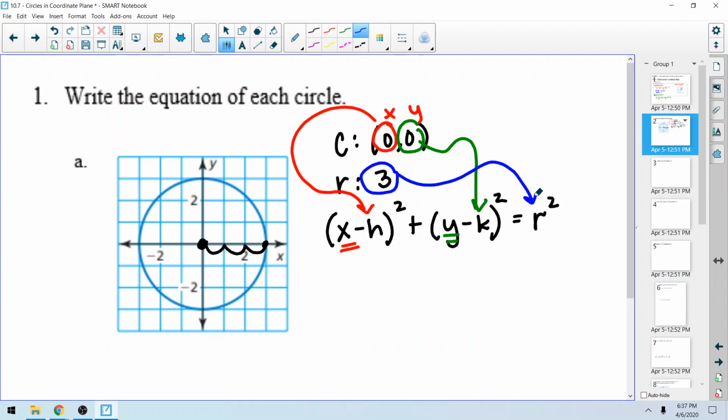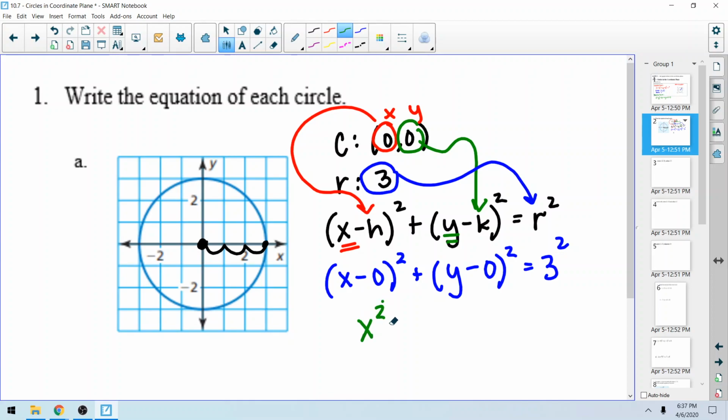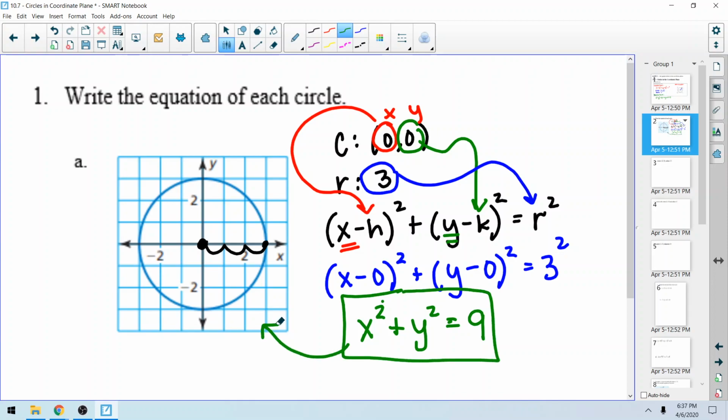So what we're looking at here is (x minus 0) squared plus (y minus 0) squared equals radius squared. Now, if we clean that up, because you really don't need x minus 0, that's just going to be x squared plus y squared equals 9, and that is the equation of that circle in standard form.